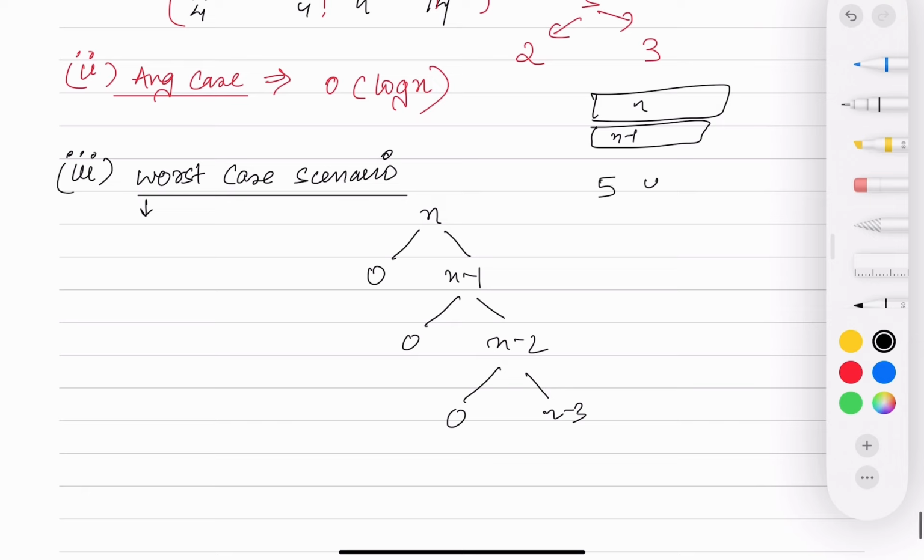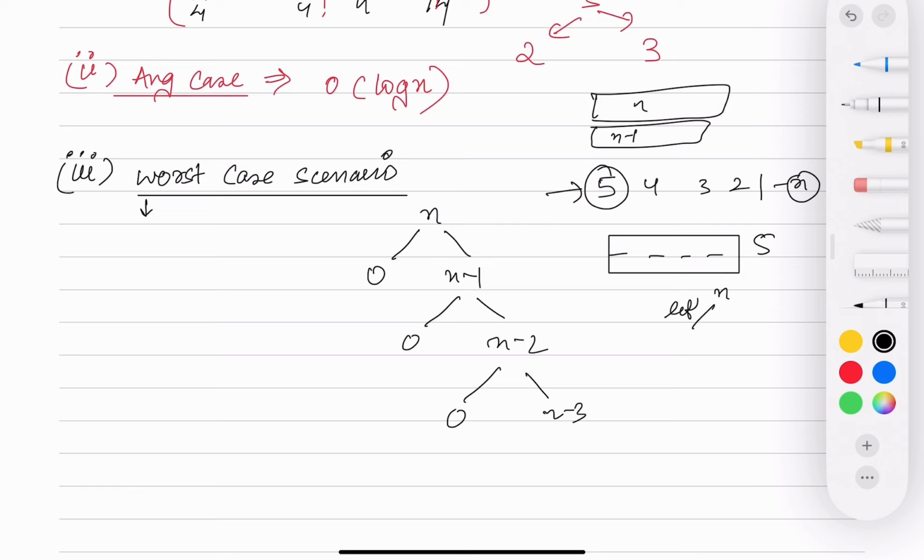For example, with 5, 4, 3, 2, 1, if you take 5 as the pivot element, then on the left you get n minus 1 again and 0. If I take 1, 2, 3, 4, the first element is the pivot, and this holds true as well.